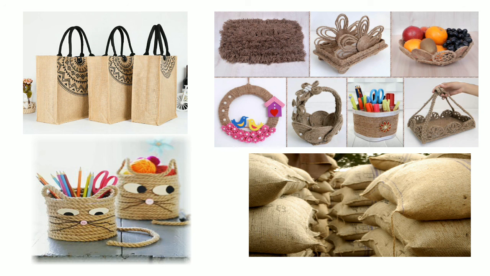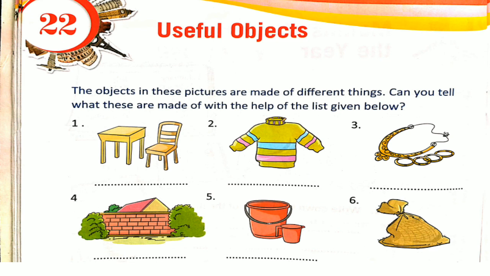Now we are going to do an exercise on it, unit number 22, useful objects. The objects in these pictures are made of different things. Can you tell what these are made of with the help of the list given below?